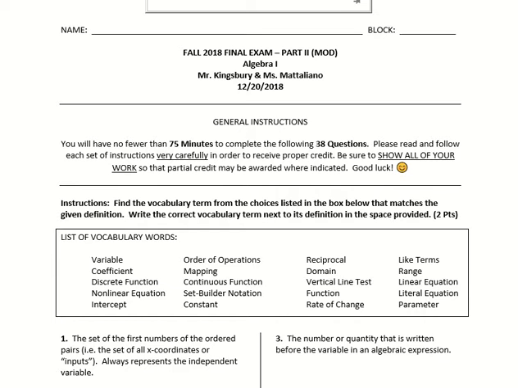Instructions. Find the vocabulary term from the choices listed in the box below that matches the given definition. Write the correct vocabulary term next to its definition in the space provided.